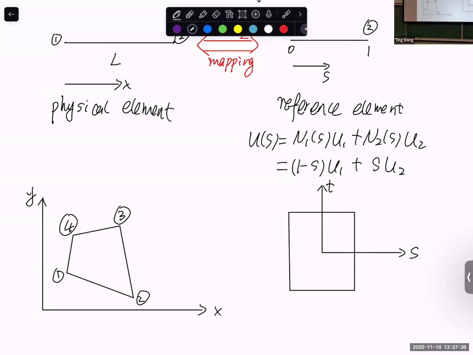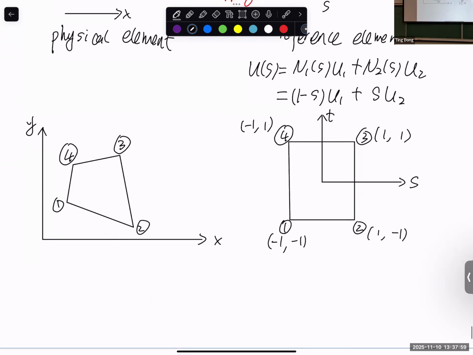Remember that if we want to use the equations we derived in chapter 6, we always need to label these as node 1, node 2, node 3, and node 4. The node order and labels are fixed. So for the coordinates, node 1 is at -1, -1, node 2 at 1, -1, node 3 at 1, 1, and node 4 at -1, 1.